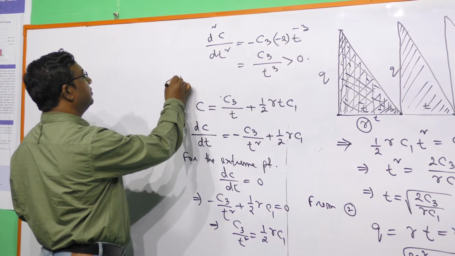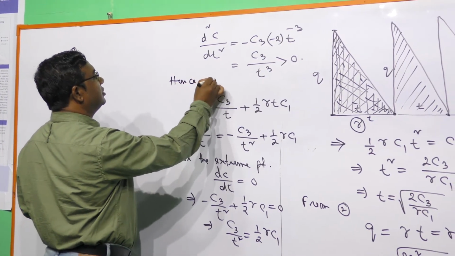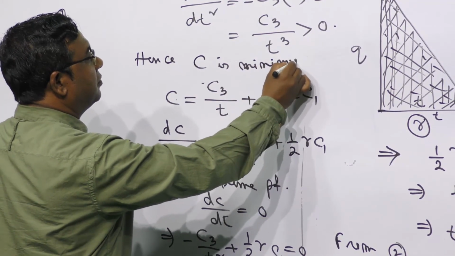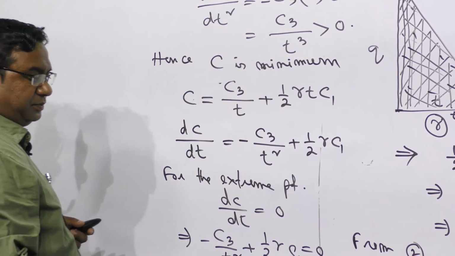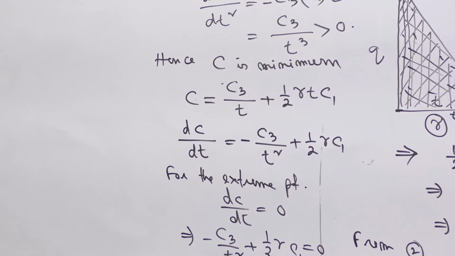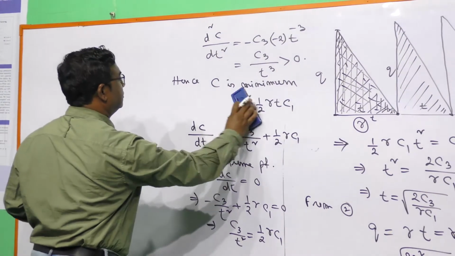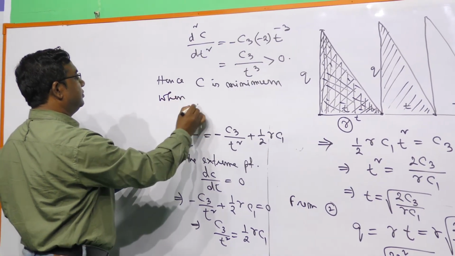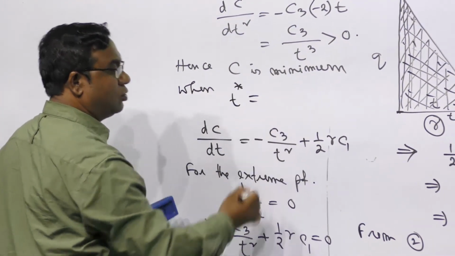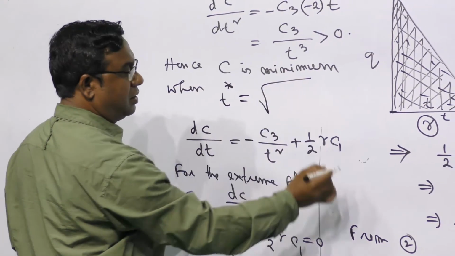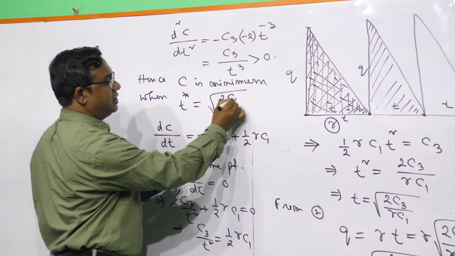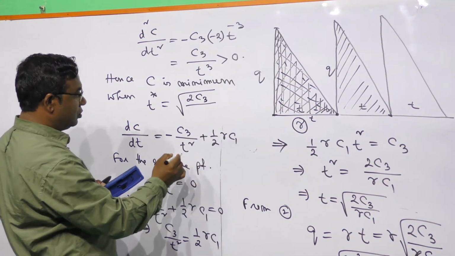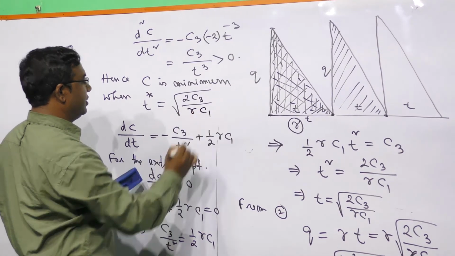Hence C is minimum when T equals under root of twice C3 by R C1.